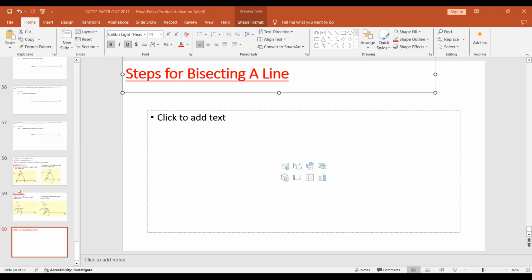Okay, bisect means to cut in half. Have you sent in the notes yet, Ajani? No, sir. I need you to send in your notes, Ajani, because I don't know what you'll be doing in the back now. Let me repeat myself. Bisect means to cut in half. That's what bisect means, to cut in half.